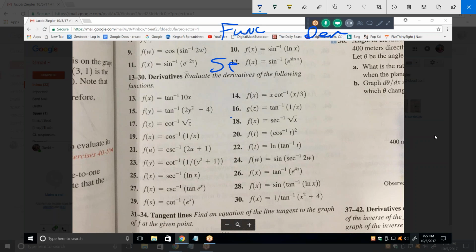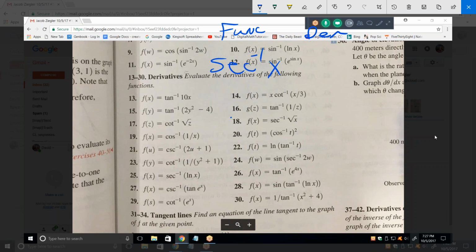So the inverse secant, and this is probably the hardest one to remember, especially when I write it like that instead of with the -1. So I'm going to do the inverse secant of x. What's its derivative? I have no idea.